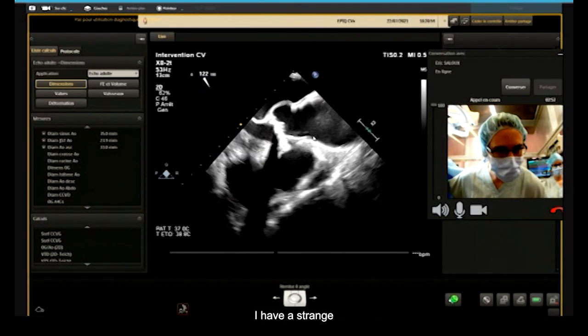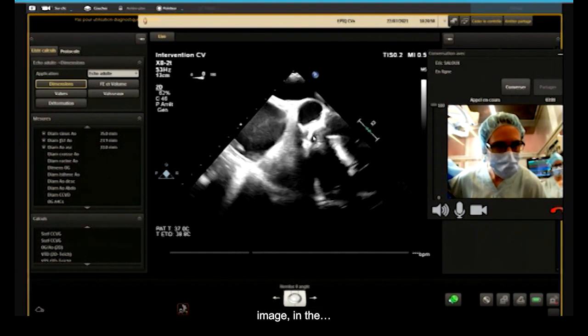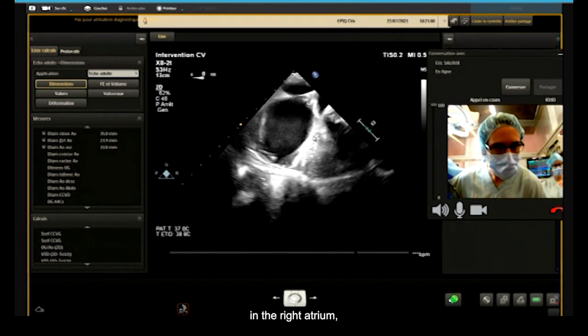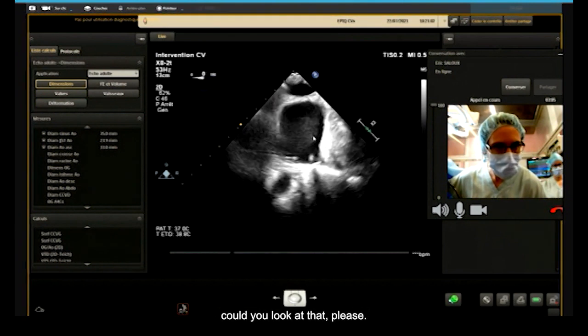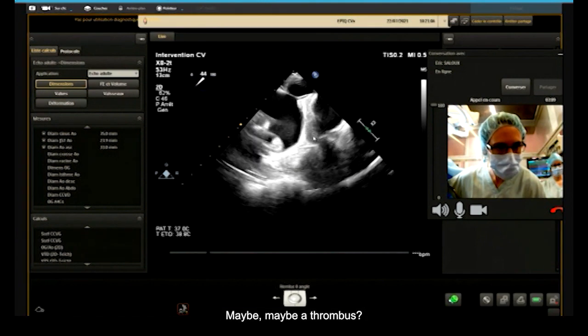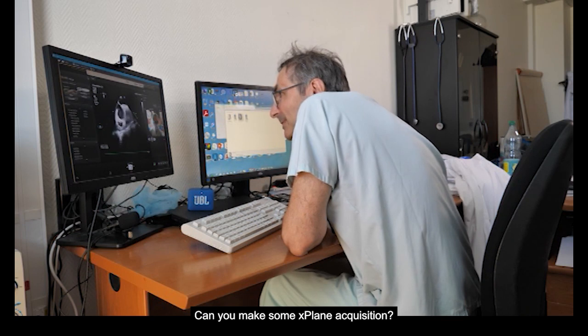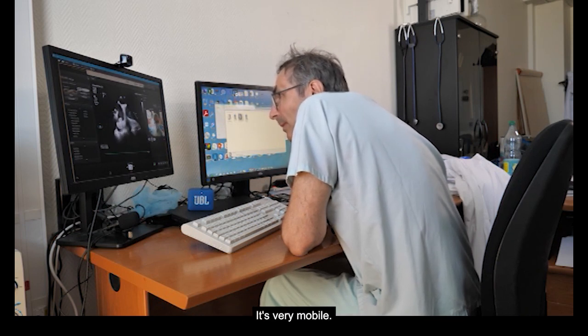I have a strange image in the right atrium. Could you look at that, please? What could it be? Maybe a thrombus? Can you make some additional acquisitions, because it's surprising. It's very mobile.